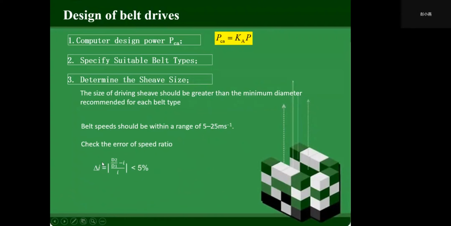Delta i is the absolute value of D2 over D1 minus i, divided by i. i is the speed ratio, and the error of the speed ratio should be less than 5% to check our selection of the sheave size.